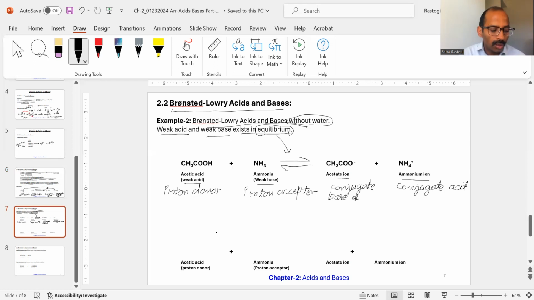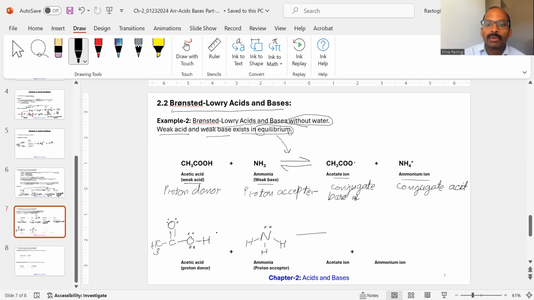So we have to draw the Lewis dot structure of acetic acid: H3C, double bond O, then oxygen, then hydrogen. And we have to leave the lone pairs of electrons here. In the case of ammonia, we have a lone pair of electrons here, and three hydrogens connected by single bonds.